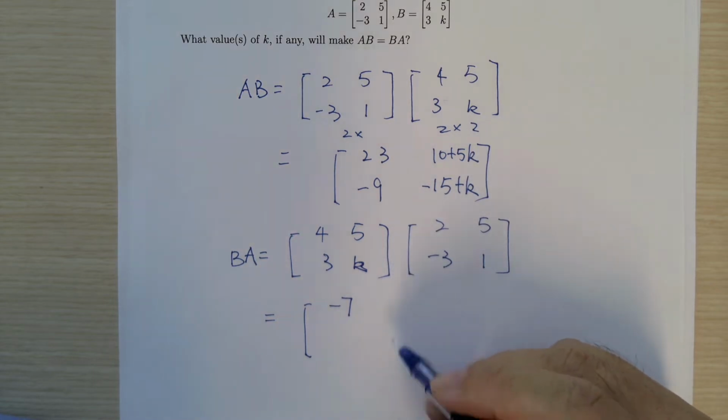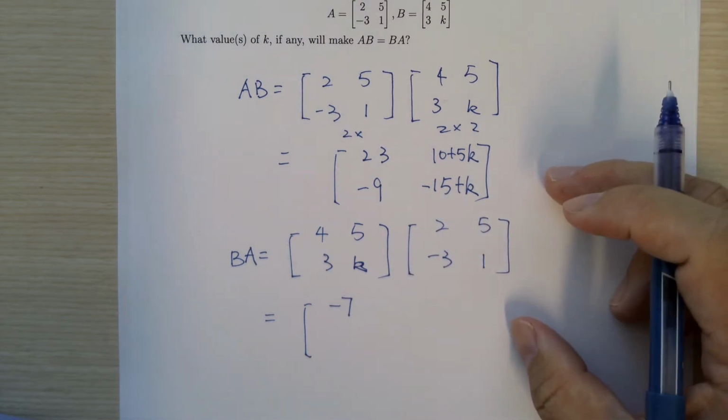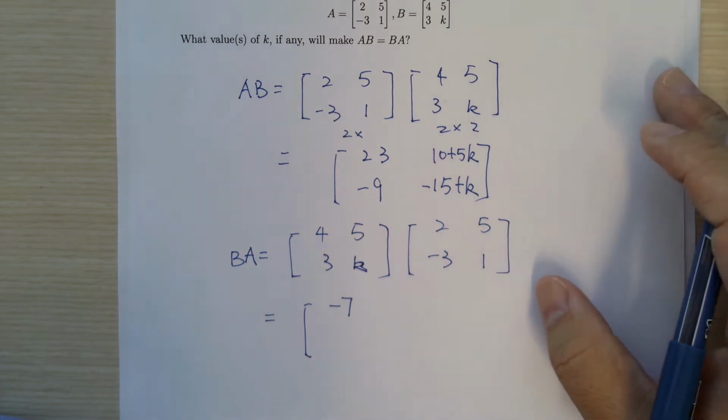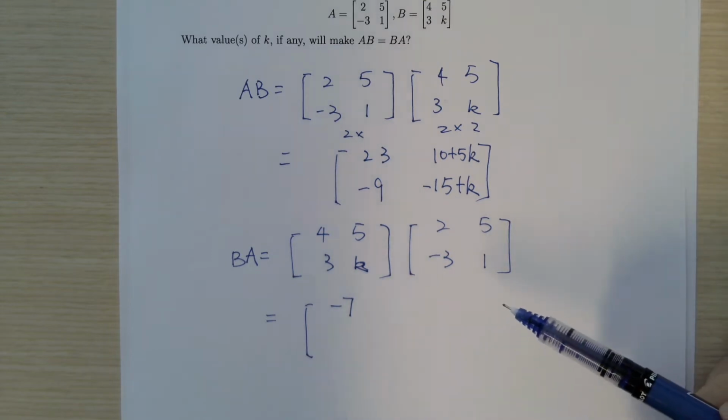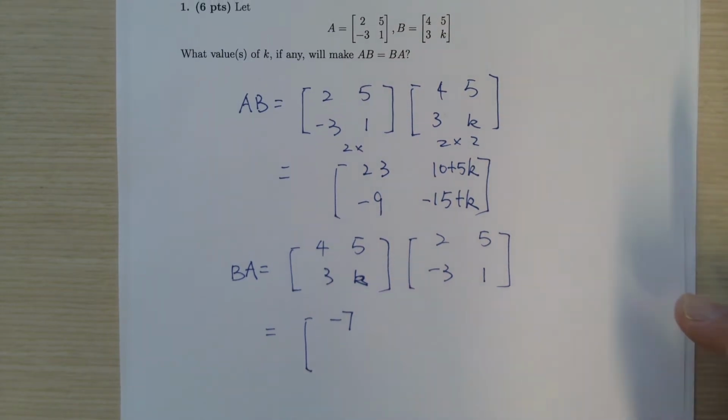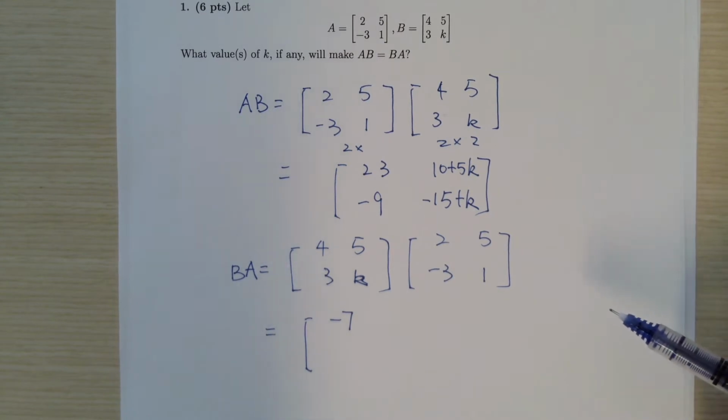So basically, guys, as you can see here, we can stop the problem. Why? Because we were asked what values of k will make AB equal BA.